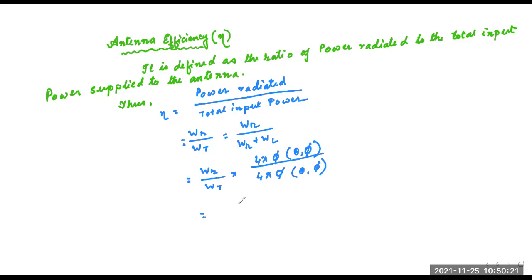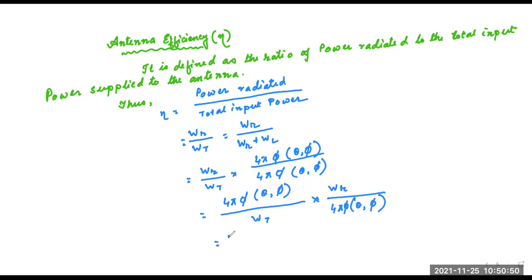So that can be represented as 4 pi phi theta comma phi by WT, cross multiplying, into WR by 4 pi phi theta comma phi.